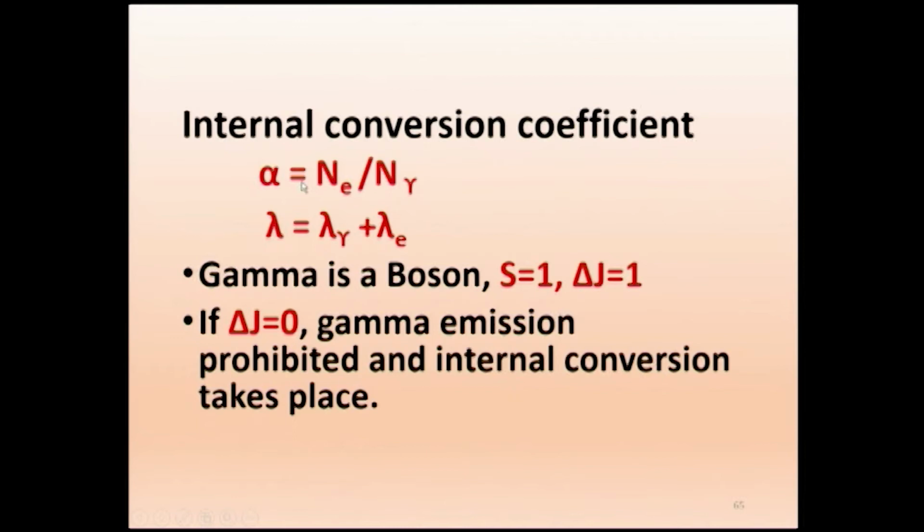If it is not 1, if it is only 0, then gamma emission is prohibited, because gamma requires at least delta j equal to 1, that is the minimum condition. If delta j equals 0, gamma emission is prohibited and internal conversion will take place. Therefore, it depends on this delta j value.